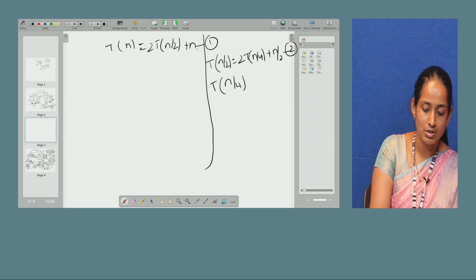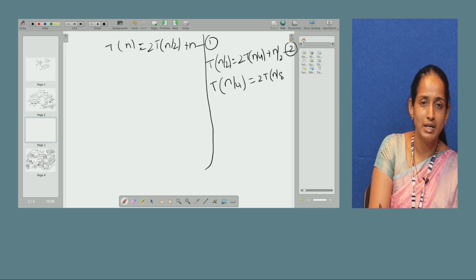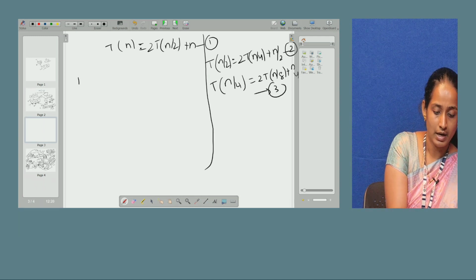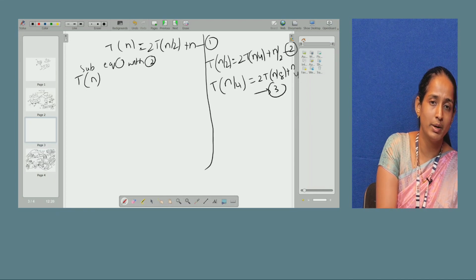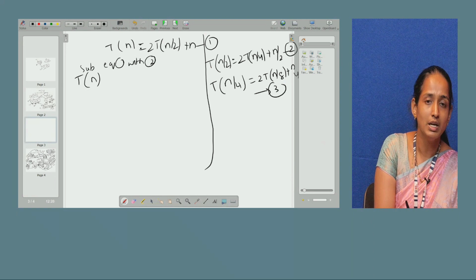Similarly, make one more equation by substituting in the given equation 1 with T of n by 4, then it will be 2T of n by 8 plus n by 4. So this is equation 3. Now in the given equation 1, substitute equation 2. Wherever you have the T of n by 2 term, you substitute it with equation 2.